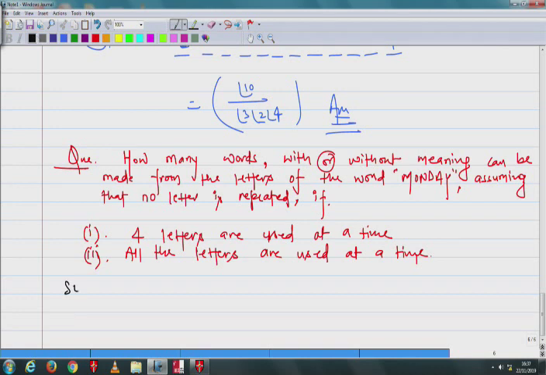Solve it. How many words with or without meaning can be made from the letters of the word Monday, assuming that no letter is repeated? You are not supposed to repeat any of the letters. If 4 letters are used at a time, all the letters are used at a time.